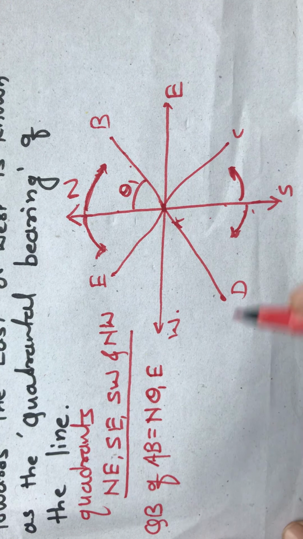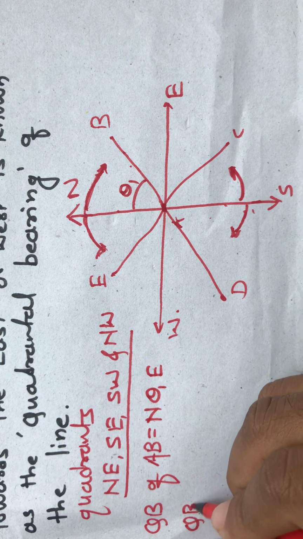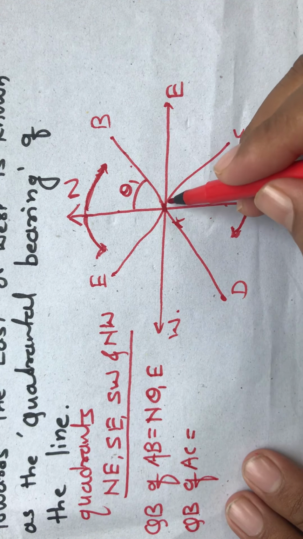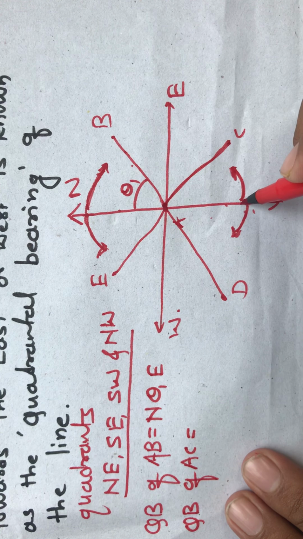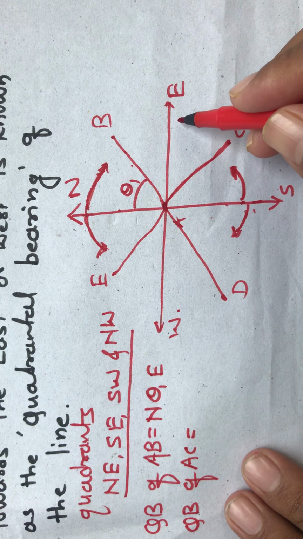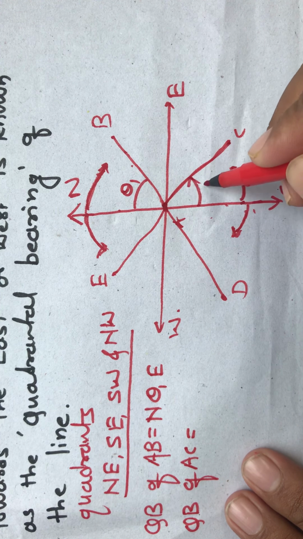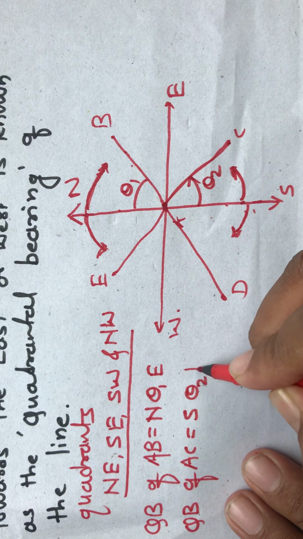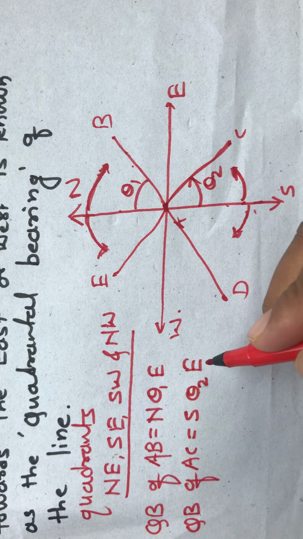Similarly, the quadrantal bearing of line AC. This line AC is near to the south, so we'll measure from the south towards the east like this. Suppose this is theta 2, so south theta 2 towards the east.